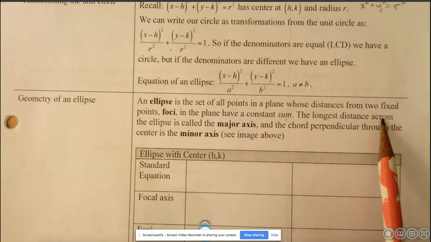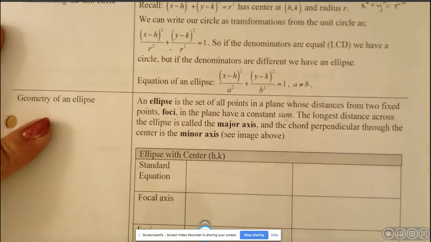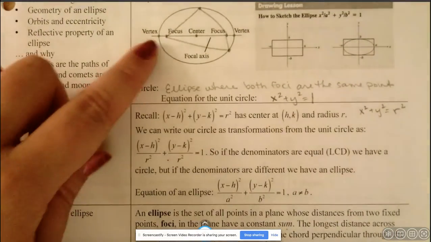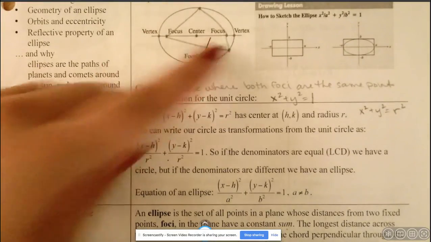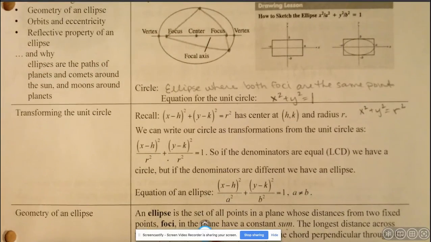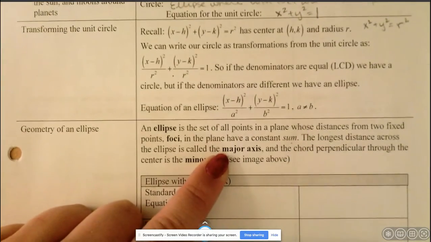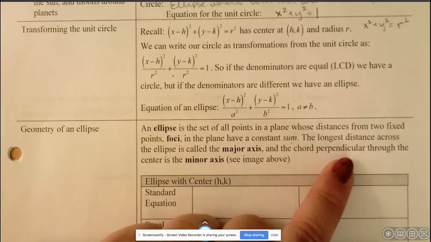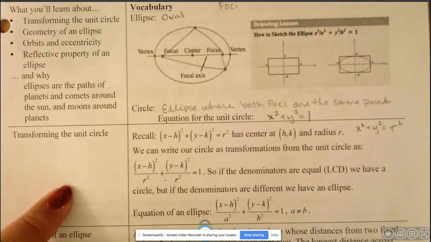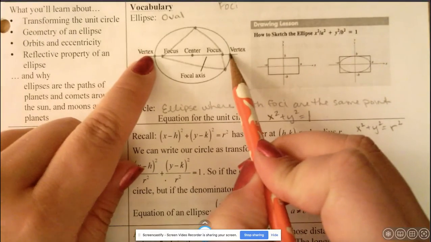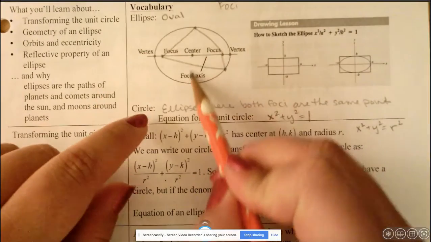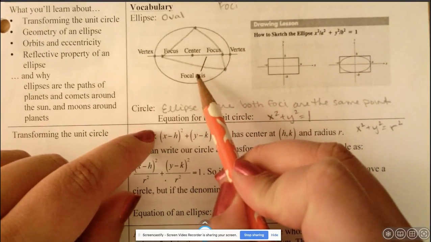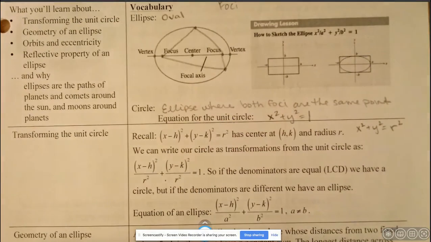The longest distance across the ellipse, so if we look up at our picture, that's the distance between the two vertices, is called the major axis. And the chord perpendicular, going the opposite direction, would be called the minor axis.